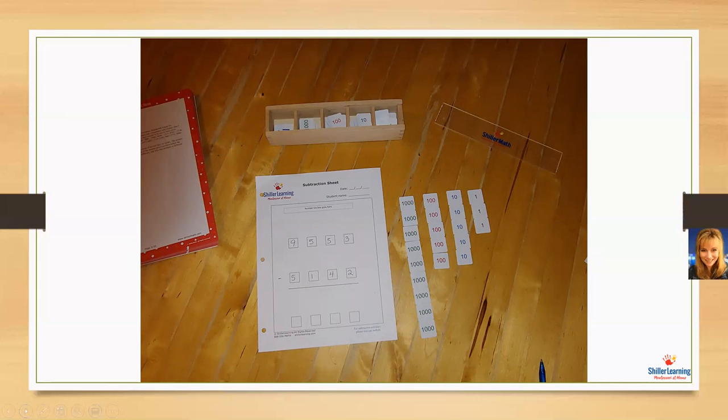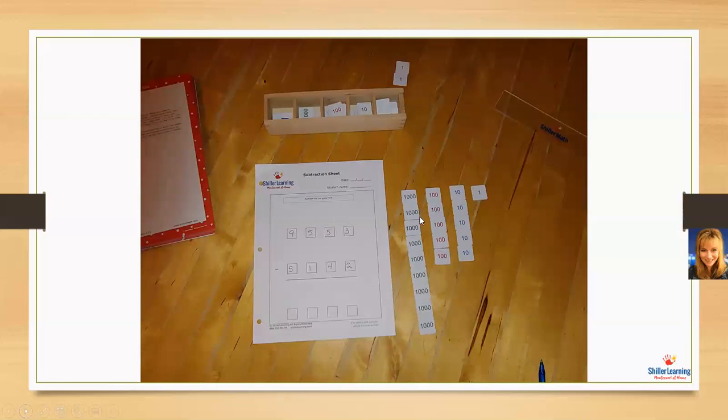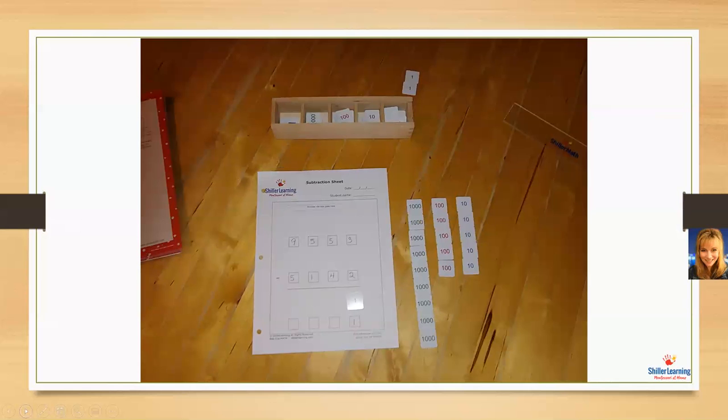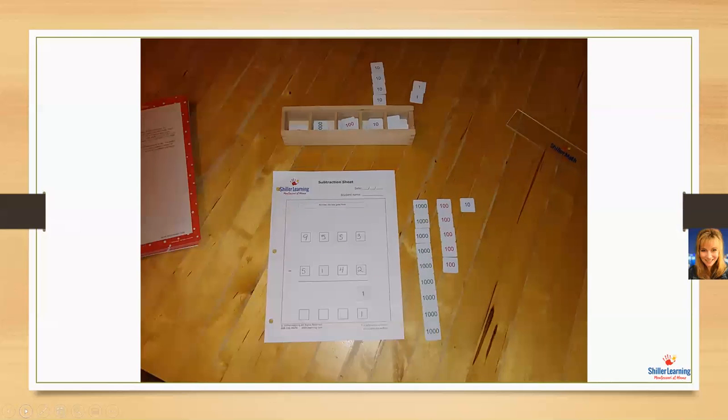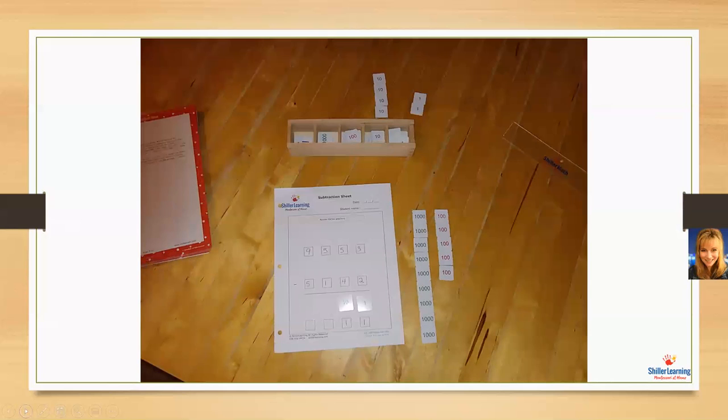So we're starting off with the ones column. 3, we're going to take away 2 of those 1 tiles, which means that we are left with 1 of those. And then we've got 5 minus 4 of the 10s. We're going to take away 4, which means we are left with just 1 of those 10s.